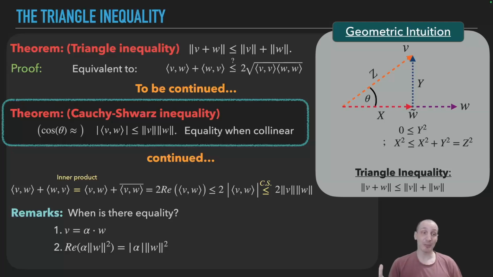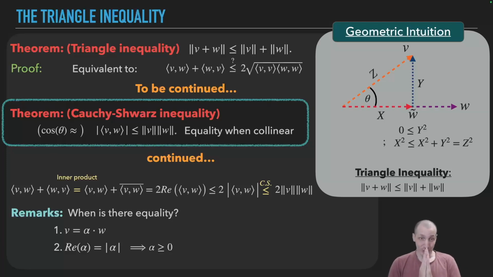Now the norm of w squared is a non-negative number, and you can assume that it is actually positive, because if w is 0, then of course we have equality. So if the norm is positive, we can cancel it from both sides and get that the real part of alpha should be the absolute value of alpha. And finally, a complex number whose real part is its absolute value must be non-negative.